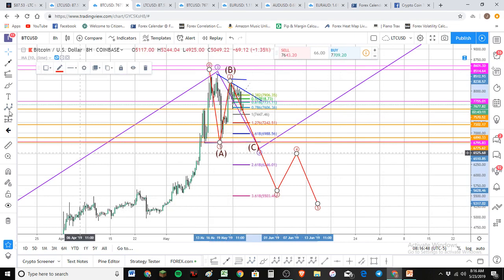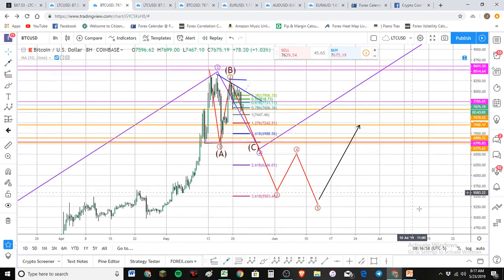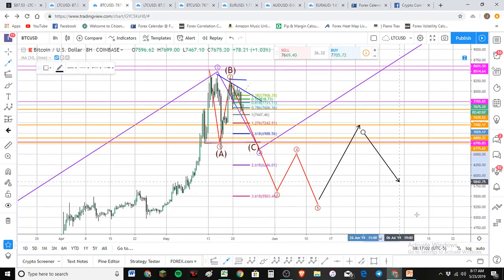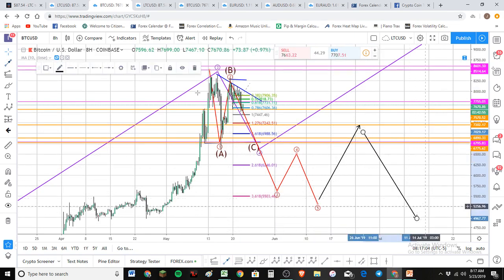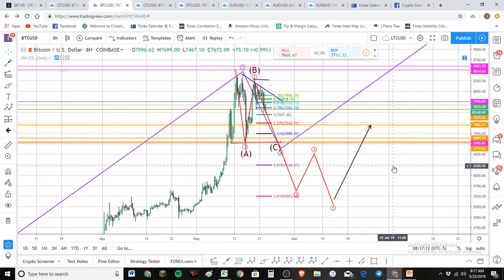Then it would be followed by a B wave to the upside, but it would be corrective, not as tall, just a pullback, and then we'd be going down for C, something like that. That's a potential. That would be a zigzag, and it has the potential to go to 4,800 or deeper. It could go much deeper.